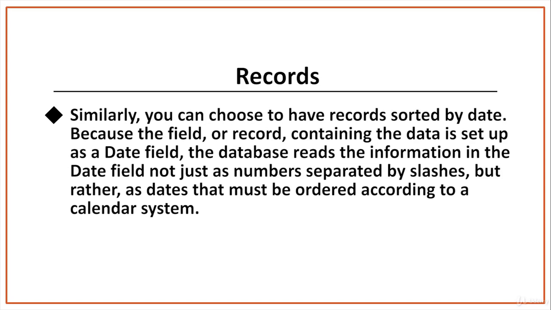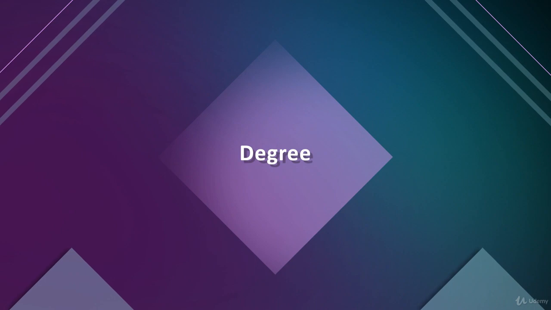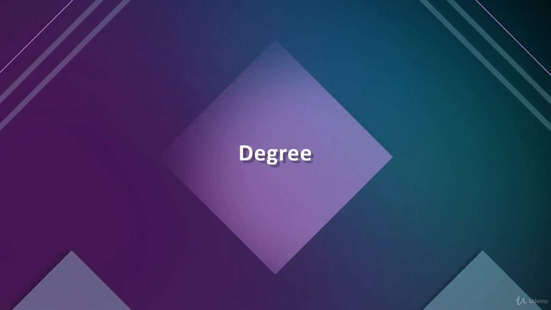Similarly, you can choose to have records sorted by date. Because the field or record containing the data is set up as a date field, the database reads the information in the date field not just as numbers separated by slashes, but rather as dates that must be ordered according to a calendar system. Degree. The degree is the number of attributes in a table.